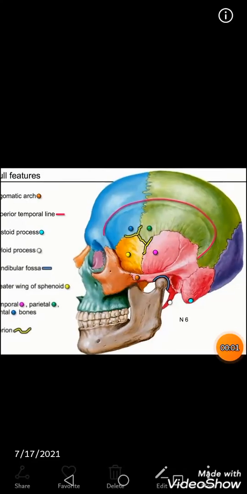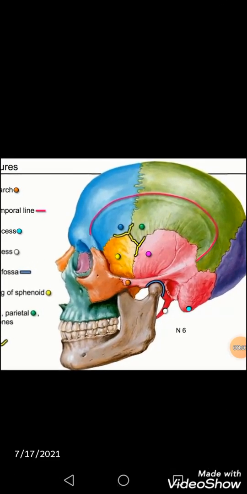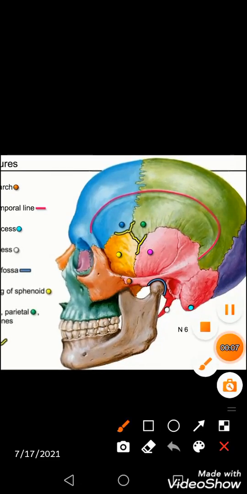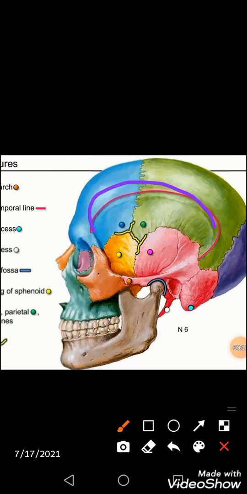Now we have to learn the temporal fossa. For this we have to memorize its boundaries. Let me show you: you can observe the temporal lines superiorly, the zygomatic arch inferiorly, and what else do you see? Anteriorly you see the contribution of the frontal bone, the zygomatic bone, and a little bit from the sphenoid bone. And what comes posteriorly?